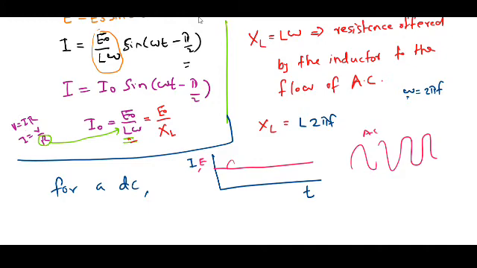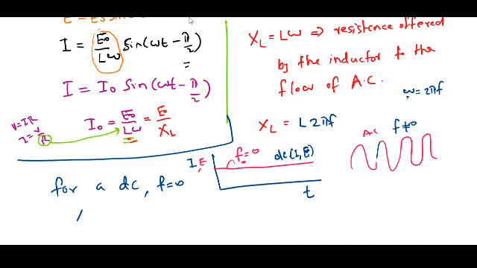And for DC, there is no number of cycles per second. Therefore, the frequency f is equal to 0. Frequency means number of cycles per second, which is 0 for this DC current or voltage. Here the frequency is not equal to 0, there are a number of cycles per second. Therefore we can write for DC the frequency f is equal to 0.